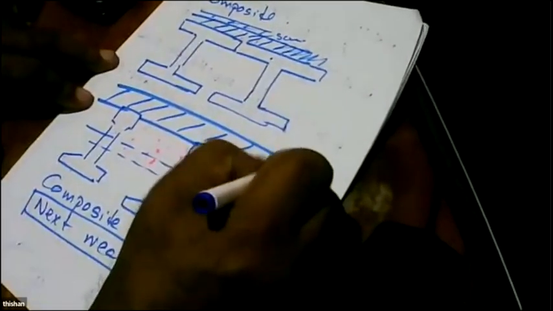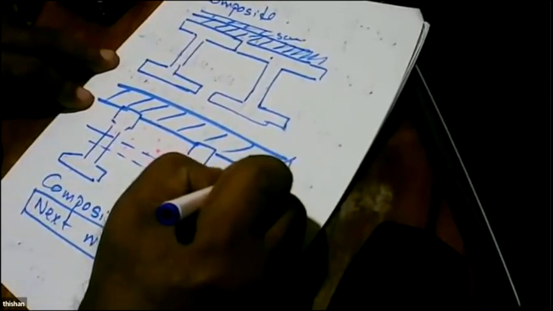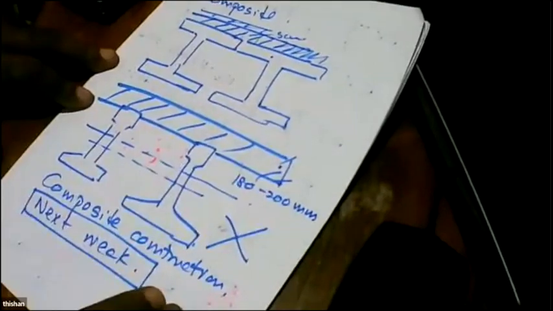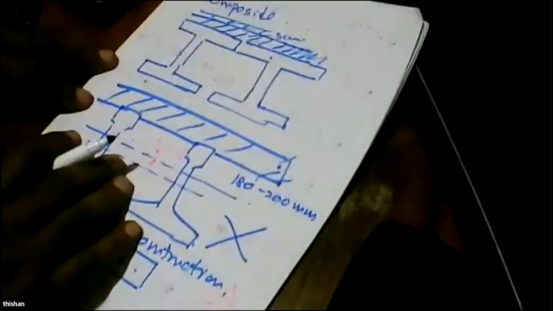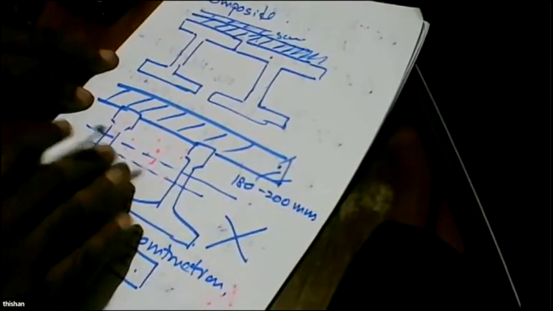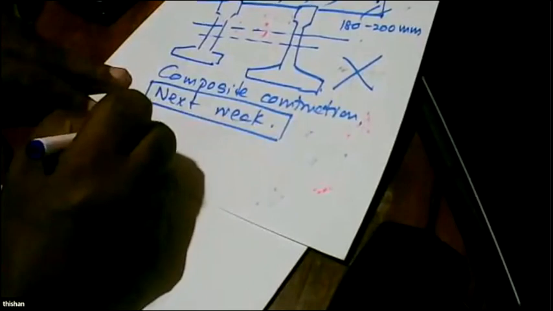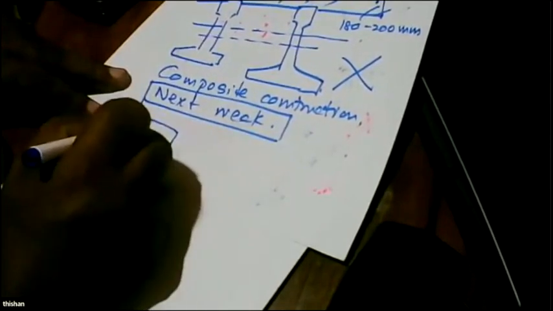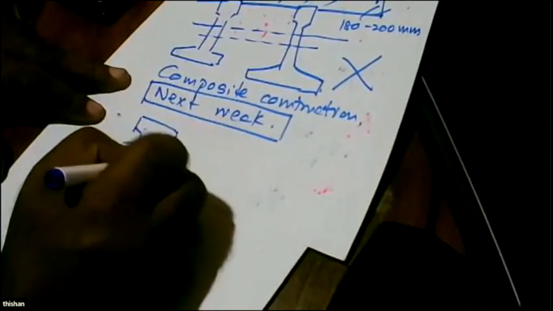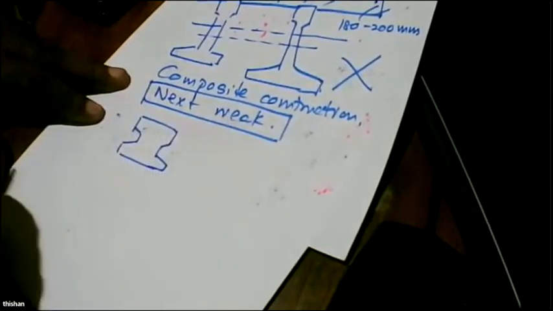In that case we'll cast a top slab of 180 to 200 millimeters. Here we are just having a screed and some carpet. So we are looking at a very simple situation, and in Sri Lanka also we had a simple solution for a bridge like this. It looks like this, a very shallow section.